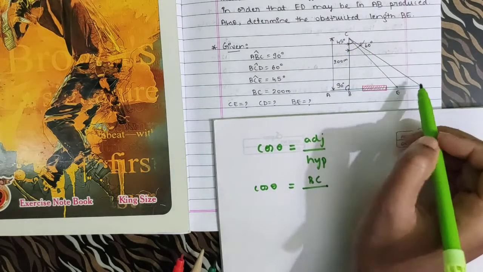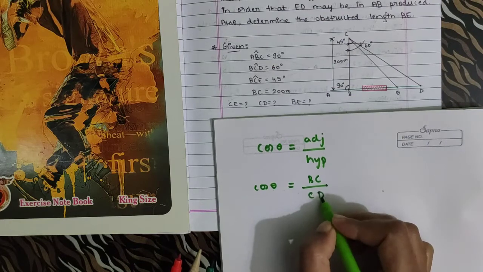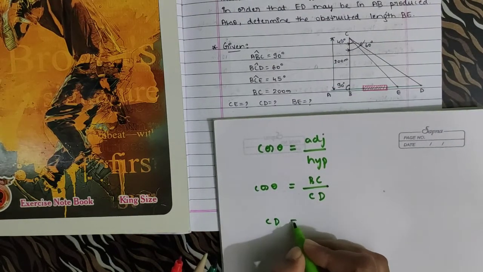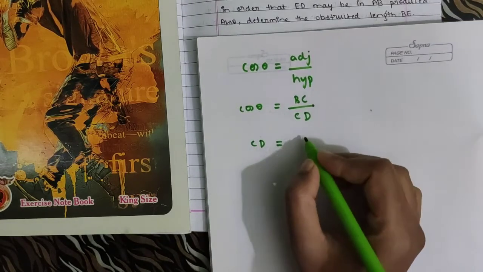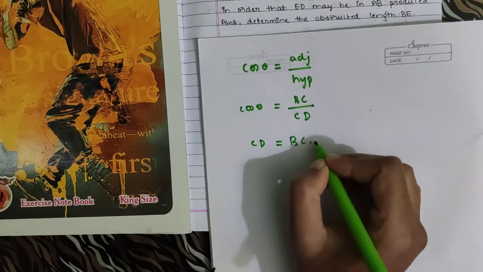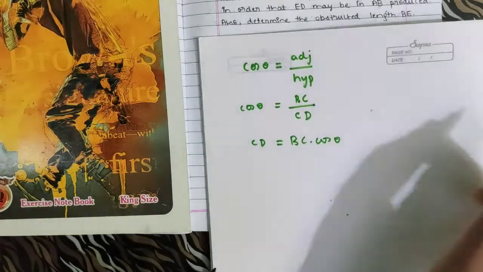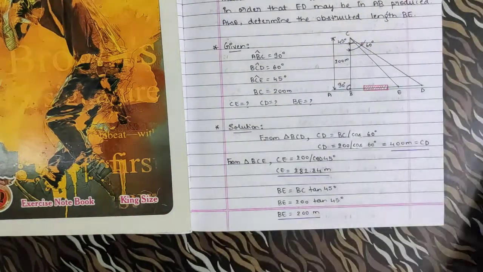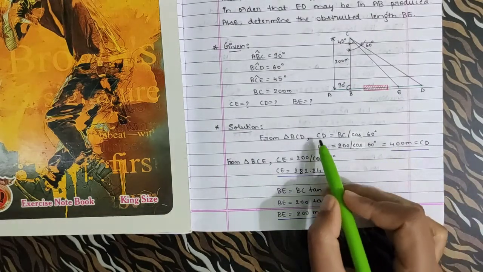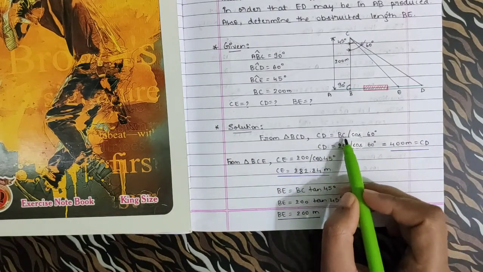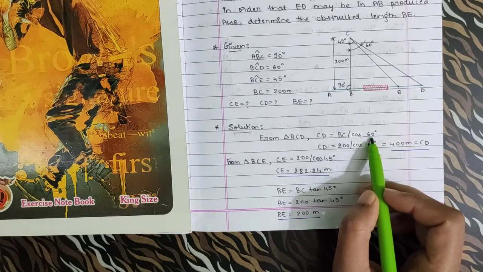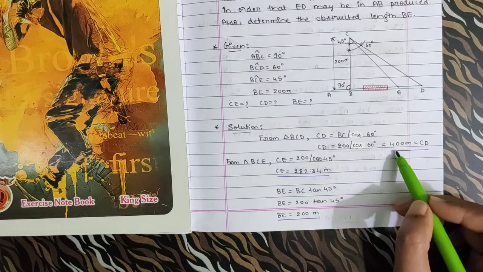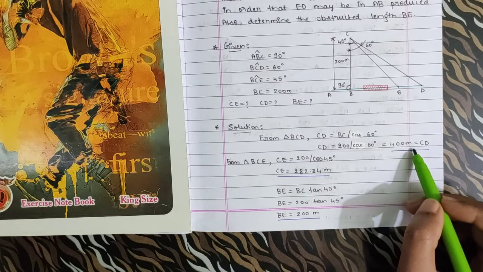Hypotenuse is CD, which you have to calculate now. So transferring this, CD is equal to BC divided by cos theta, that is the angle BCD, 60 degrees. After solving, you will get CD as 400 meter.